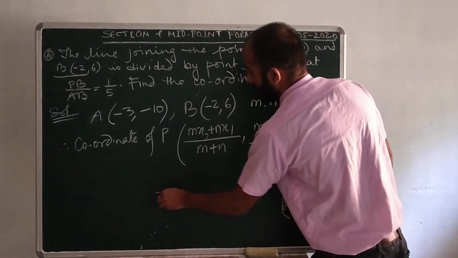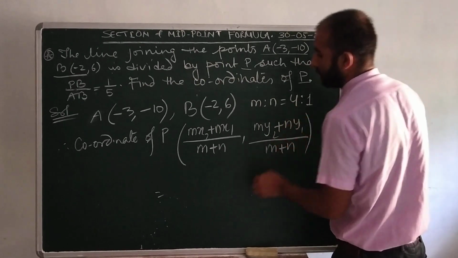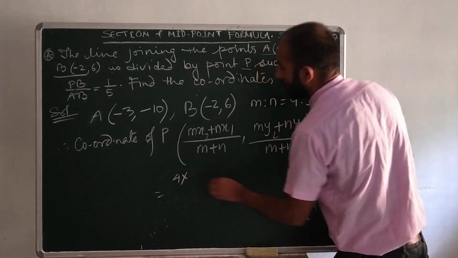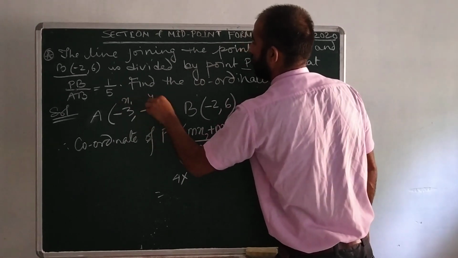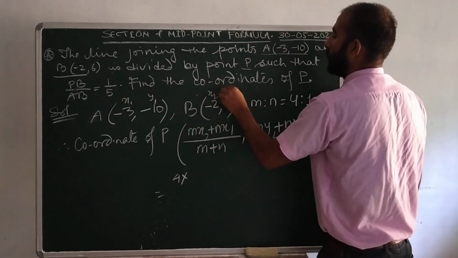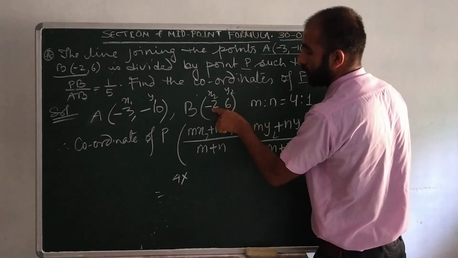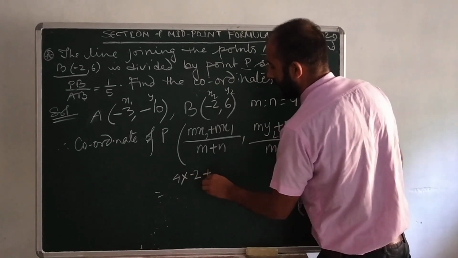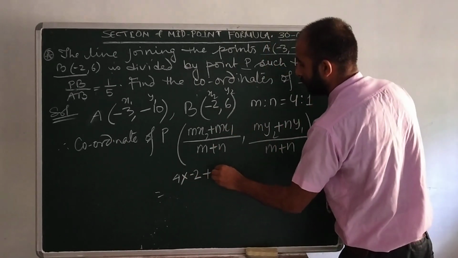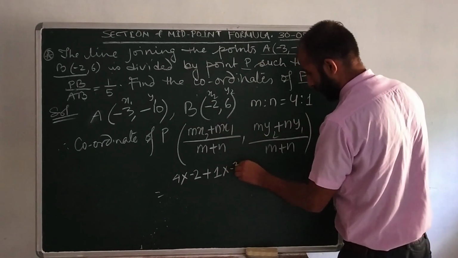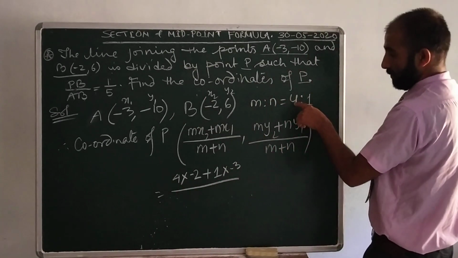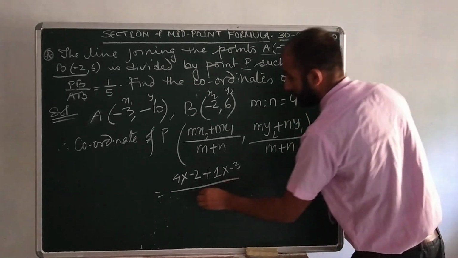Okay. So M we have got 4. 4 into x2. Okay. This is x1 y1. This is your x2 y2. So x2 we have got minus 2 plus n we have got 1 into x1 we have got minus 3 by 4 plus 1.